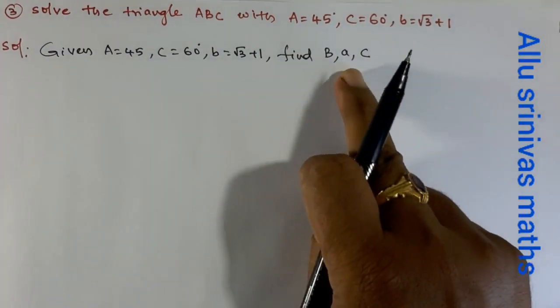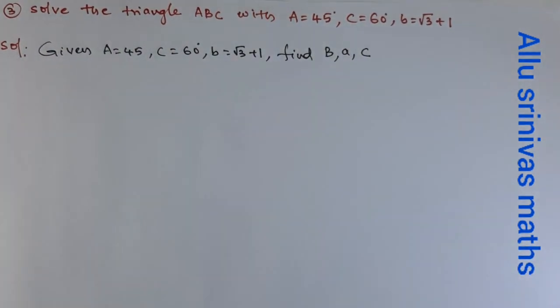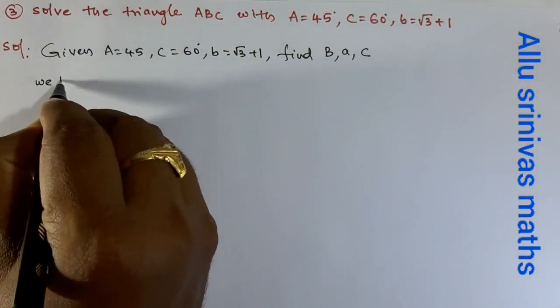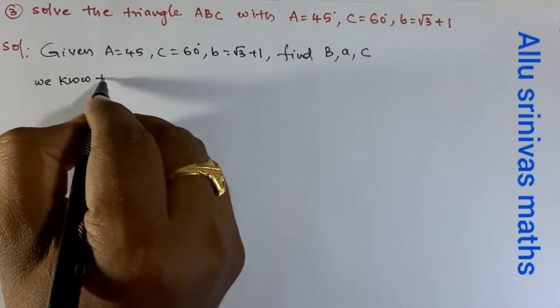We know that the relation between three angles: A plus B plus C equal to 180 degrees. Write the formula.